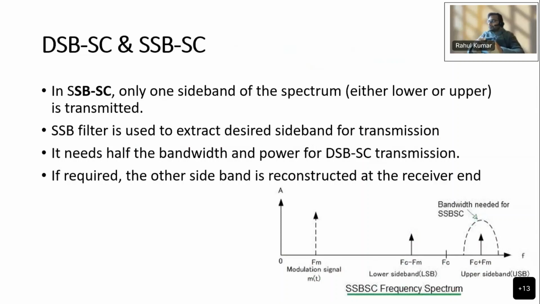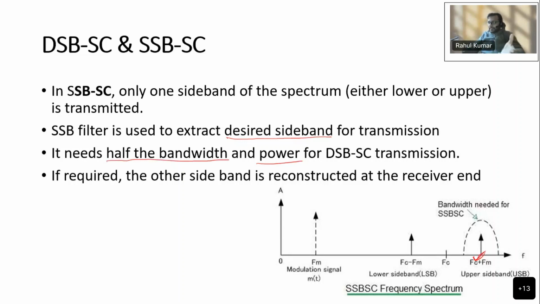In an SSB-SC system, a filter is used to extract the desired sideband, and then we transmit. Since we are transmitting only one sideband, the bandwidth required for transmission will be half of what you need for DSB-SC. So half the bandwidth and power is required for SSB-SC.